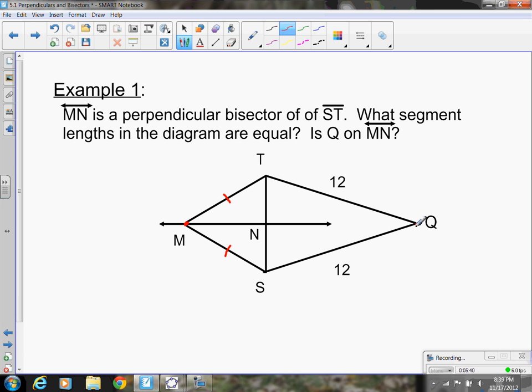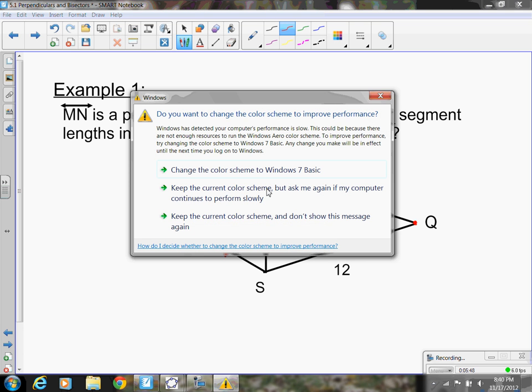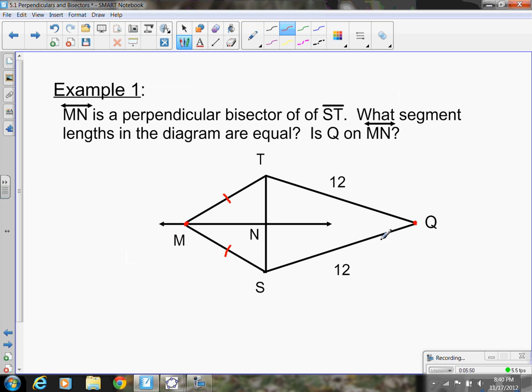Notice since Q is equidistant, the same distance from S as to T, Q has to be on the perpendicular bisector. And since MN is the perpendicular bisector, Q is on MN.